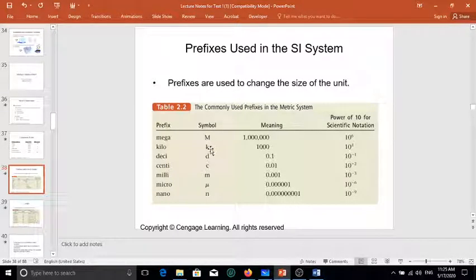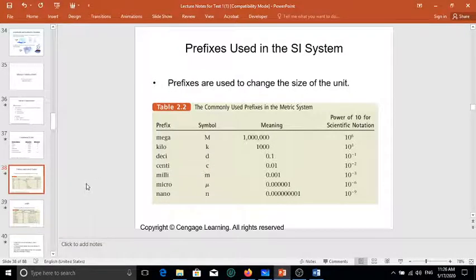So there will be some unit conversion using these prefixes, okay? And also, I usually require students to memorize the prefixes and the corresponding exponent power here as well. So if I give you 1 milligram, you need to know exactly how many grams that is.